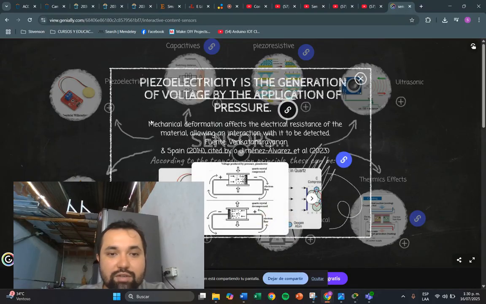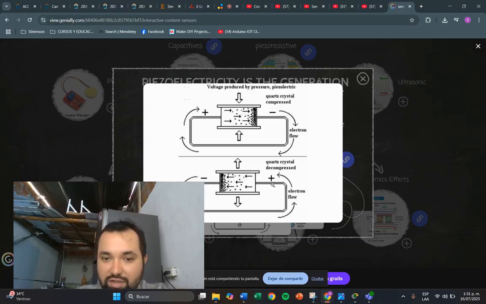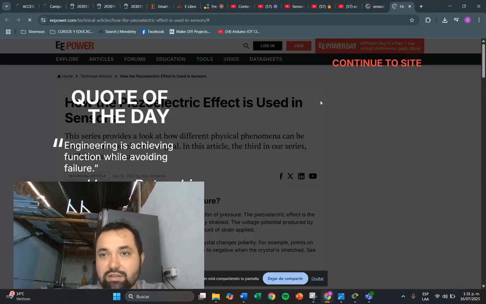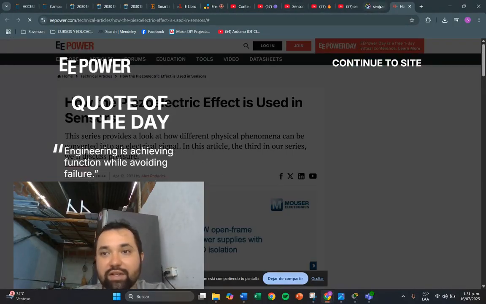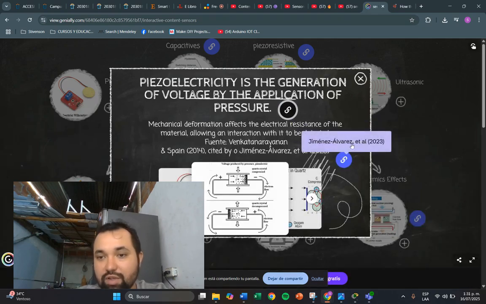For example, this is the concept, and this is an image explaining that the chemical present in the sensor generates a change in the resistance and changes the voltage output. This is the reference, this is the bibliography.